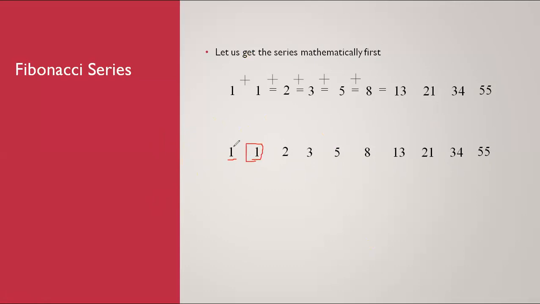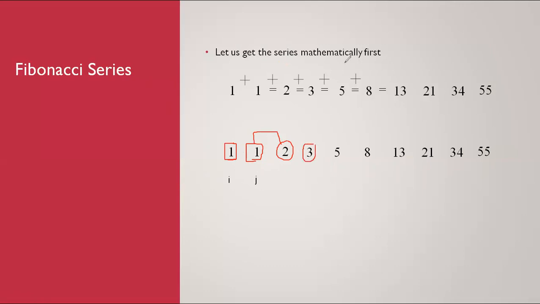Let us assume that these are two variables, I and J. Every time it has to add two numbers, which leads to the next series, and then again it has to add these two numbers, and after adding them it has to be the next series.